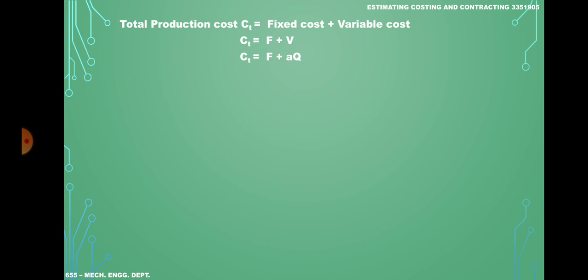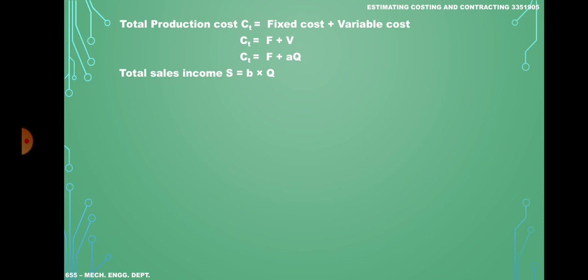By multiplying both of them, we find total variable cost. Now, the second one is total sales income. B is the selling price per unit and Q is the break-even quantity. By multiplying both of them, we find total sales income.